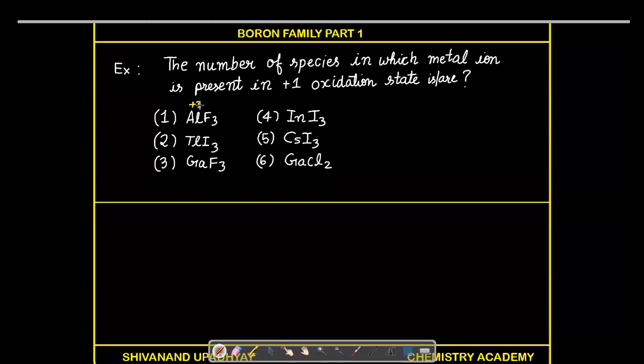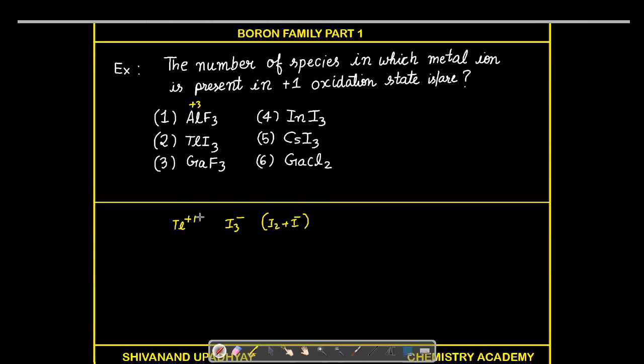In case of the second option, we know that thallium in its compounds exists in the form of +1, and there is a proof that when we are discussing this, I3 minus is basically formed by I2 plus I minus ion. It is not 3 times I minus ion, it is I2 plus I minus ion.